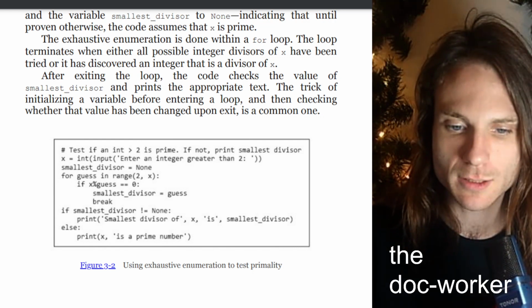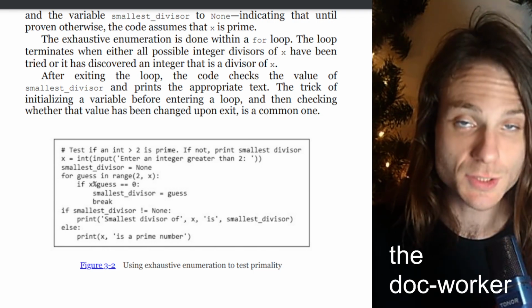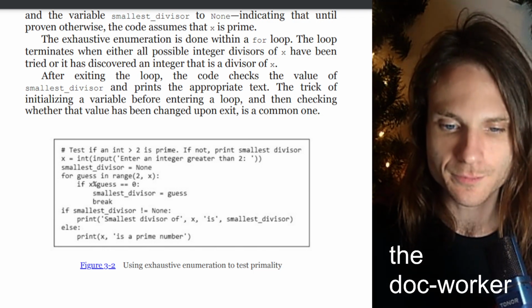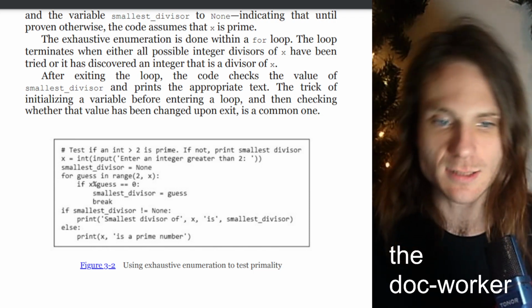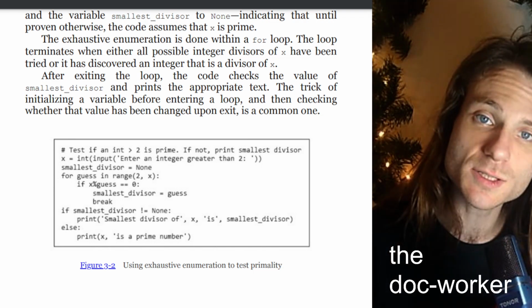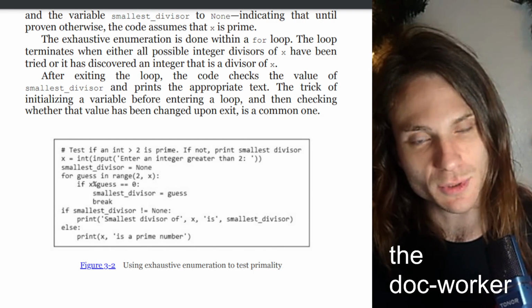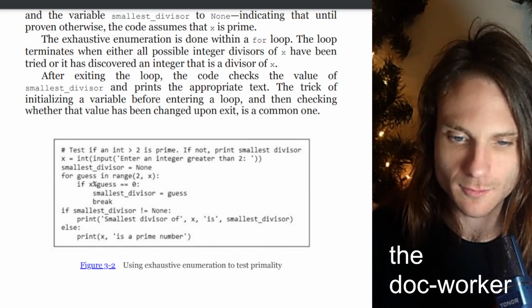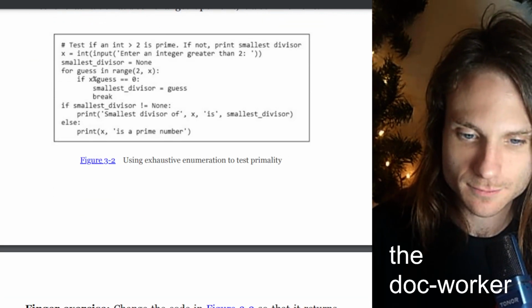Then break. If smallest_divisor is not equal to None, print smallest divisor of the variable x is the variable smallest_divisor, or else print x is a prime number, using exhaustive enumeration to test primality.